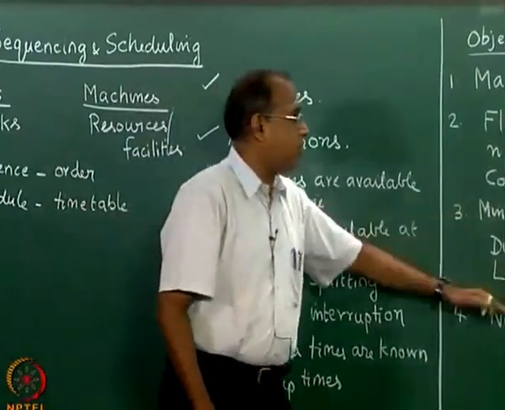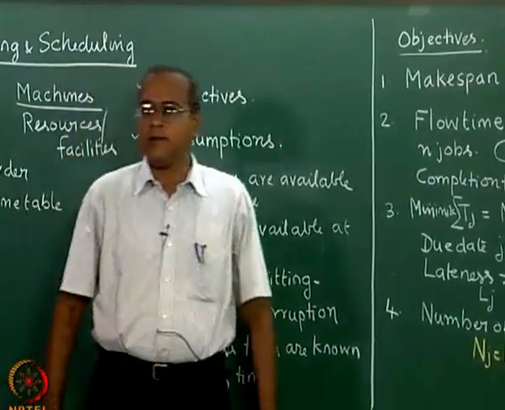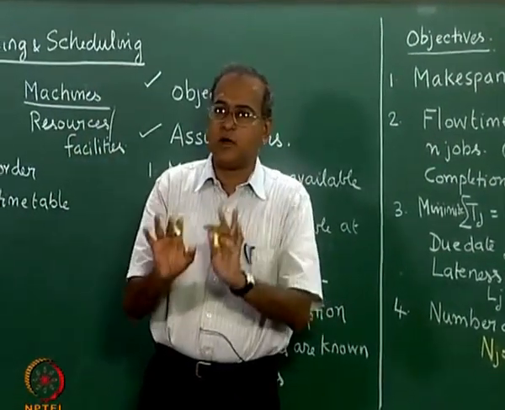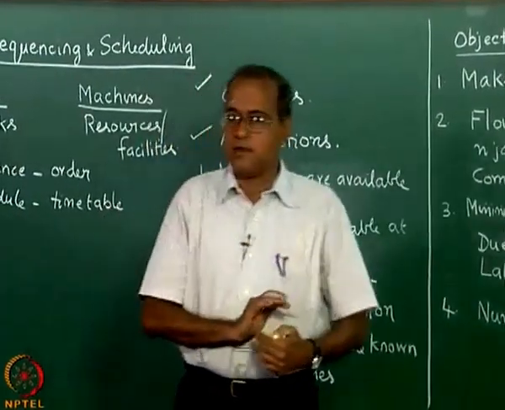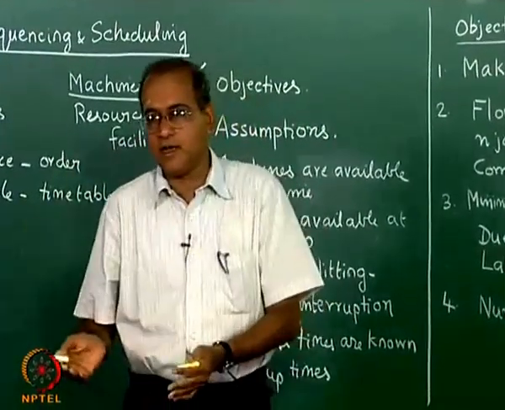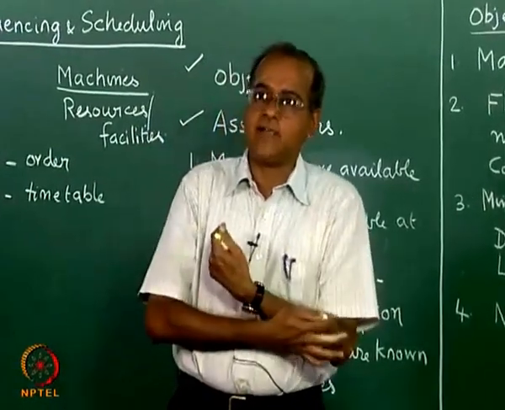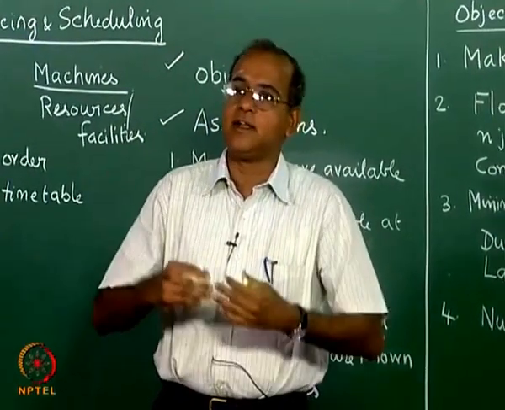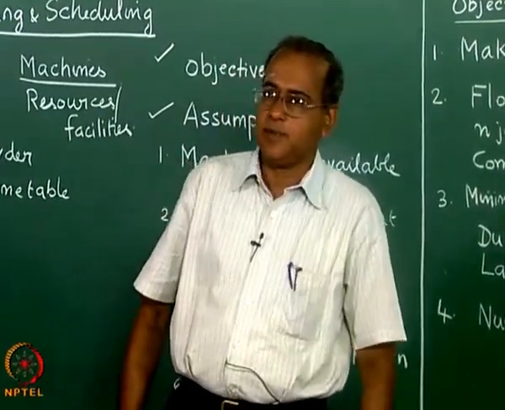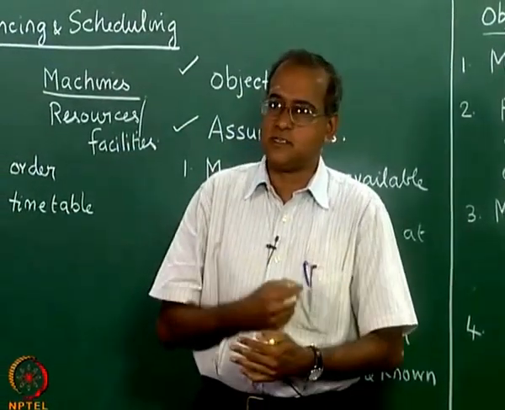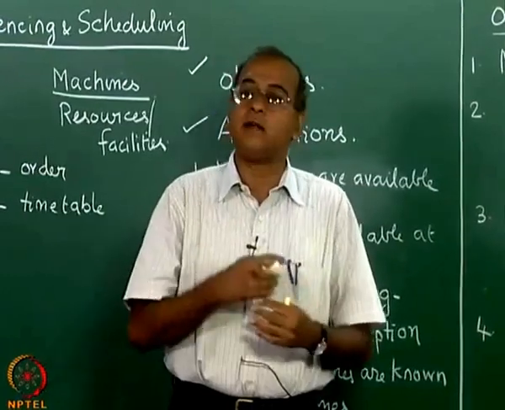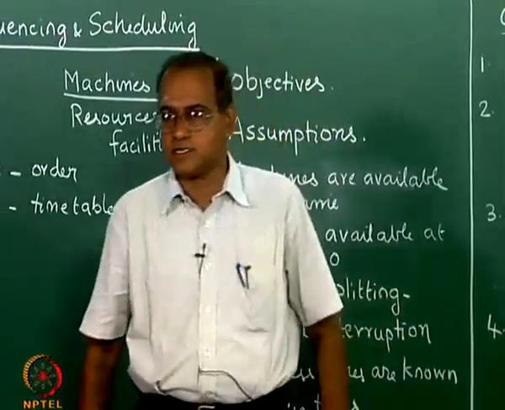Right from 3, 4 and 5, we assumed that it was okay to complete a job early. So if we complete the job early, let it go to the finished goods inventory area, let it stay there, wait till the due date is reached and let it be shipped to the customer depending on the due date. Today manufacturing organizations more and more tend to follow just in time manufacturing.